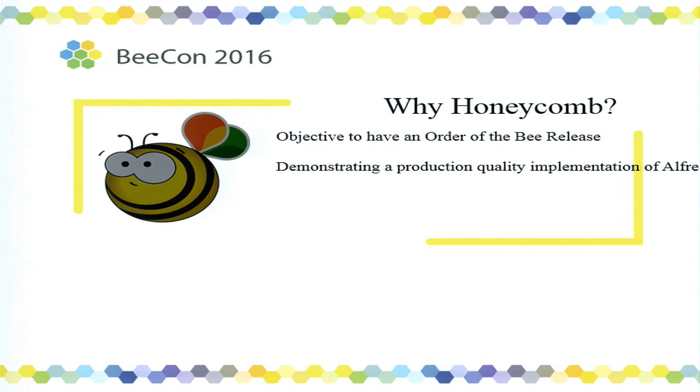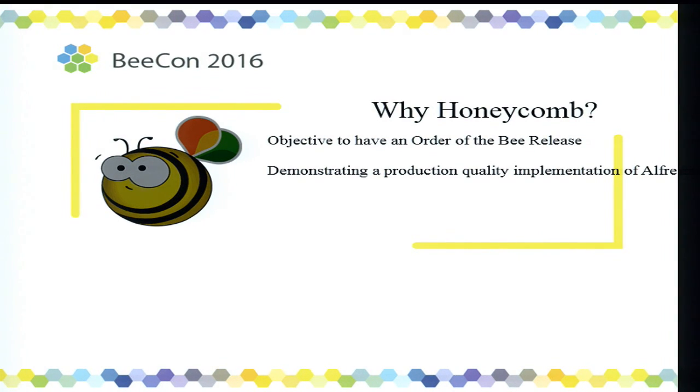One of the very first goals of Order of the Bee was to create a distribution of the Alfresco community to serve as a ready-to-go, out-of-the-box demonstration of the capabilities of the Community Edition. After the successful reception of the Order of the Bee project at the London Alfresco Summit, Martin and I agreed to collaborate to create a base upon which we could build a candidate for the Honeycomb distribution.